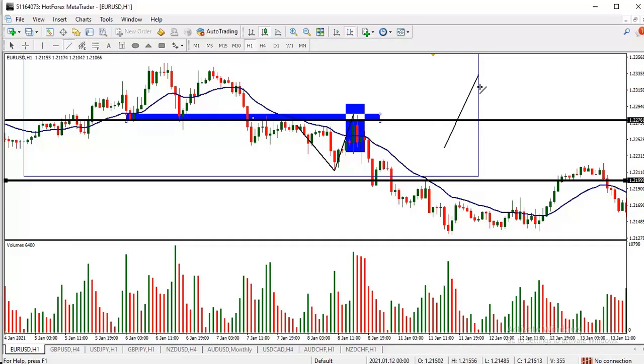Then at the open of the second candle, they went back up, a tweezer top. They did not close above this particular level. You understand? So they formed an M pattern. Look at it, M, and they drop price to the target. Can you see?